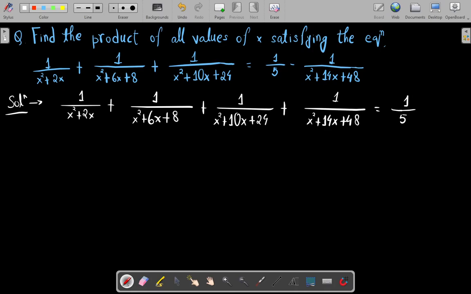Okay, so let us see if we can factorize each of these denominators. The first term, x squared plus twice x, is x times x plus 2. The second term, the product is 8 and the sum is 6, so 8 is 4 times 2, right? So we can write it as x plus 2 times x plus 4.